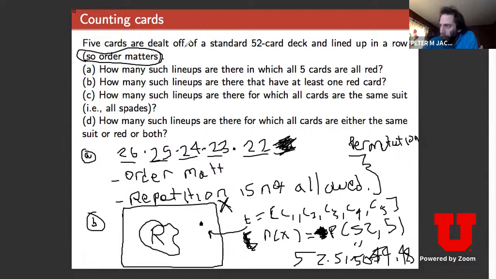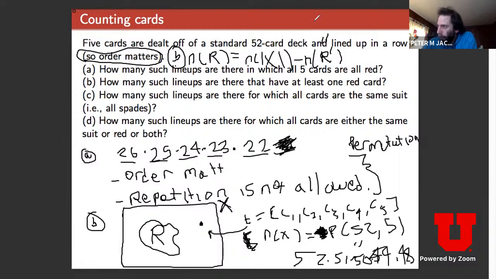So for part B, we have the size of X, and we want the size of R. So N of R, the size of R, is equal to the size of X minus the size of R complement, or X without R, or I think this is the notation used. We know this.